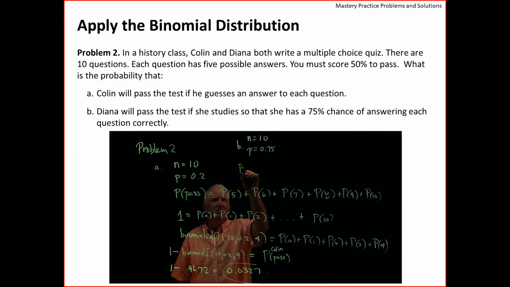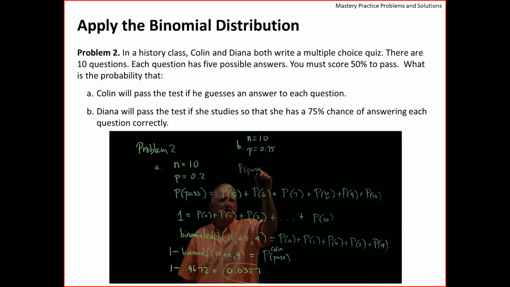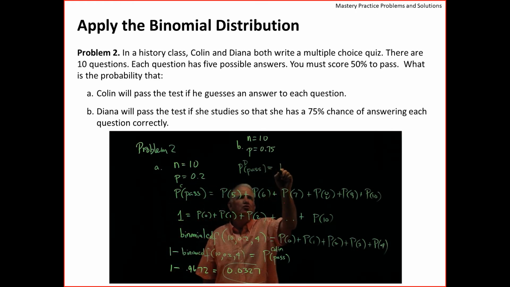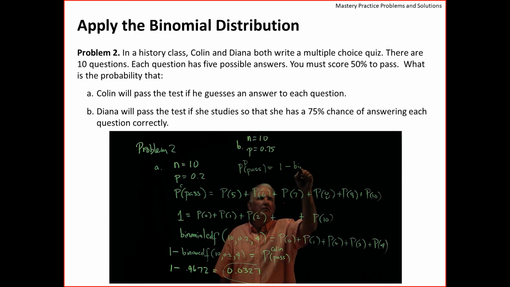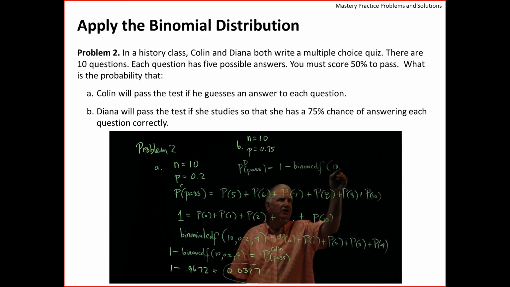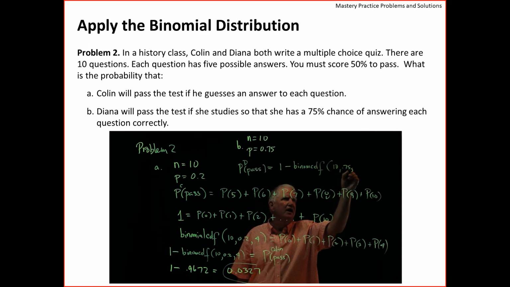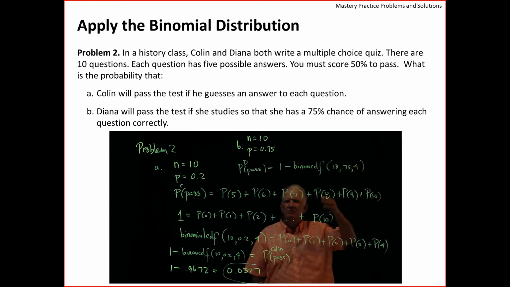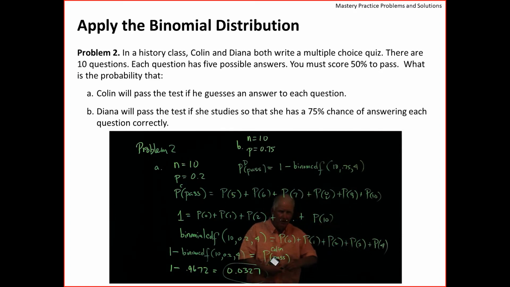So in this case, P pass for Diane is going to be equal to 1 minus binomial CDF of 10, 0.75, 4, because that leaves P5, P6, P7, P8, P9.